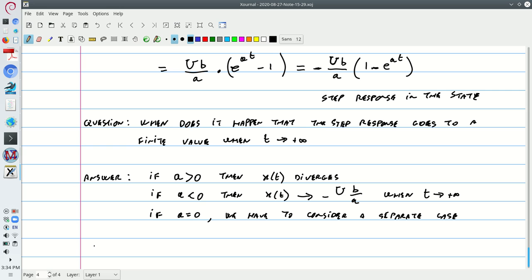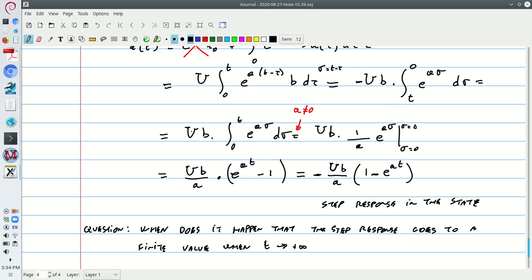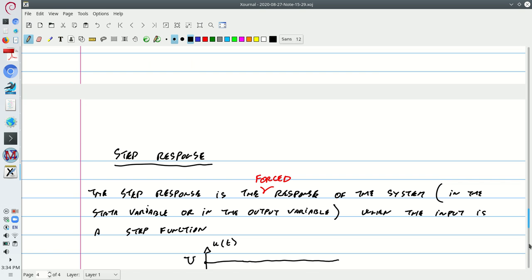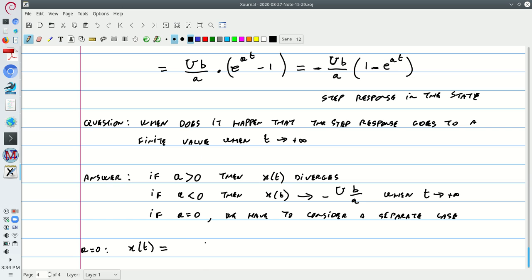When A is equal to 0, this can be done easily, because we have U times B times the integral from 0 to t of the exponential of A sigma d sigma, but A is equal to 0, so this is equal to UB times t.